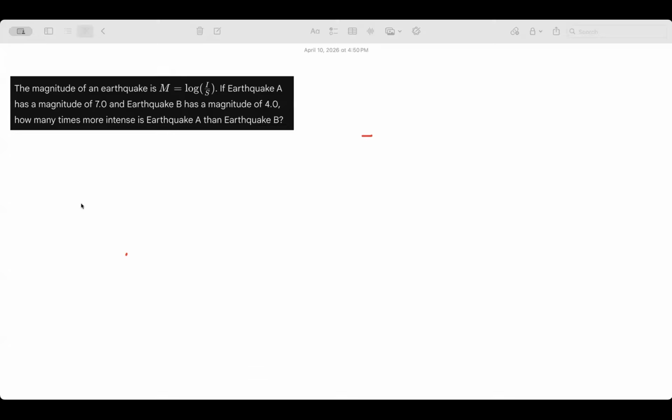So, let's see. Magnitude of an earthquake M will be equal to log of intensity I by S, right? Earthquake A has a magnitude of 7. So 7 will be equal to log of IA by S, as the intensities will be different for the earthquakes.